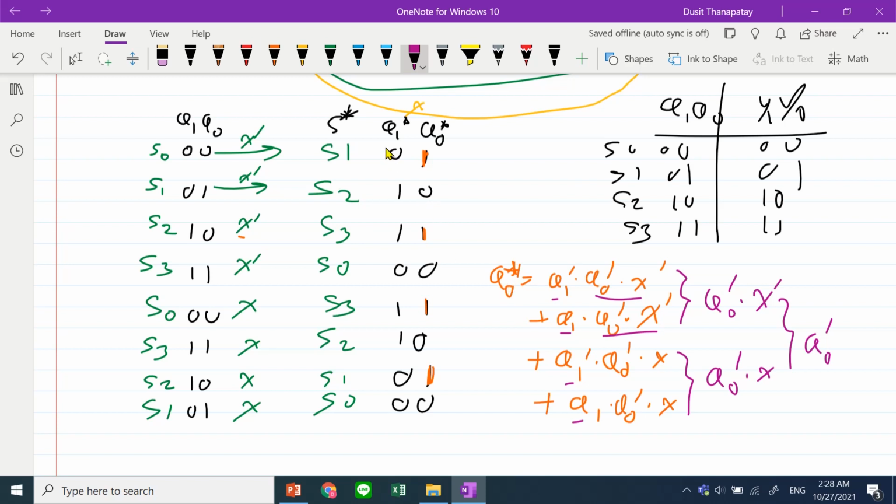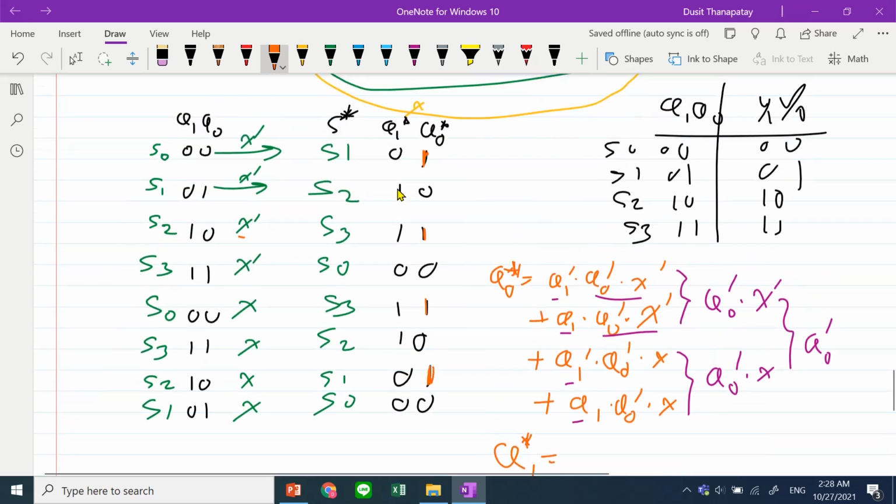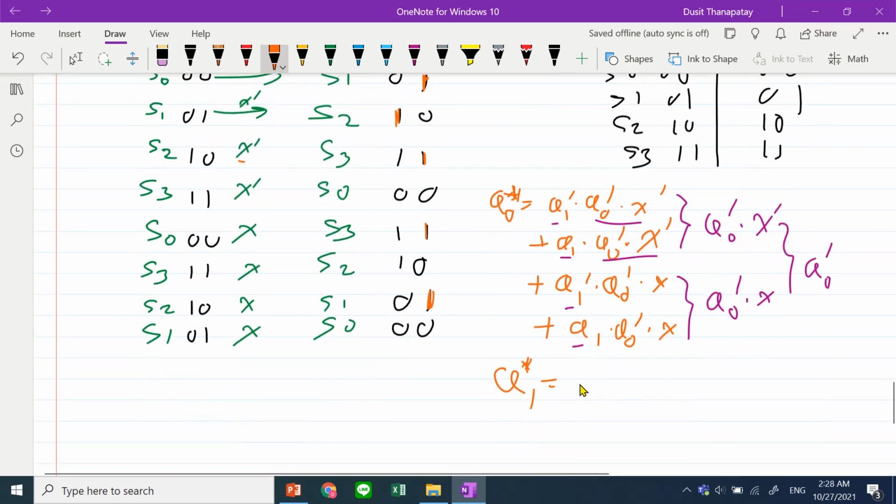And how about Q1 star? For Q1 star, this logic 1 is from state 01. When the clock ticks, this input condition becomes true, X is 0. So you can write Q1 prime and Q0 and X prime.